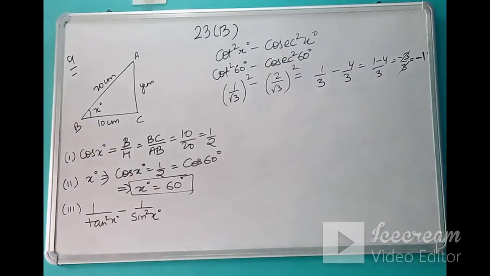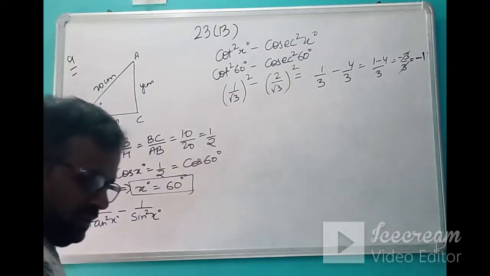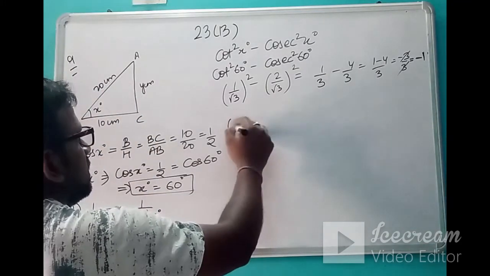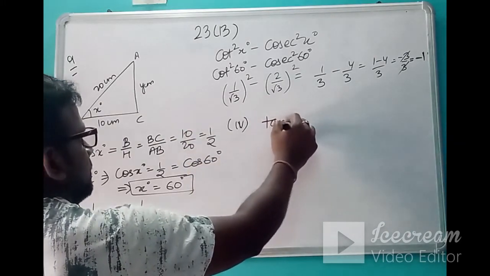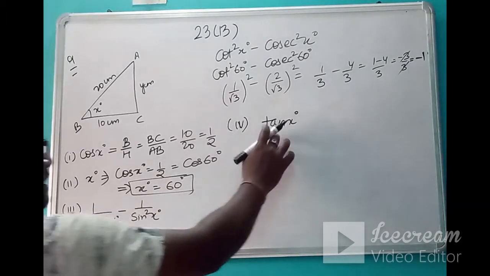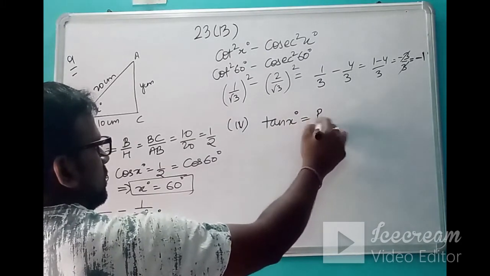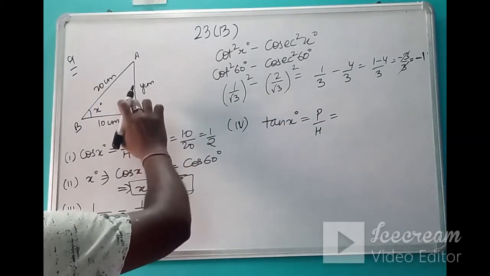Okay, so these types of questions you can solve like this. Now what we have to do in the fourth part: we have to use this tan x degree to find the value of y. So for tan x degree, we will write the value of this tan in terms of sides of the triangle. So what are the sides of the triangle?